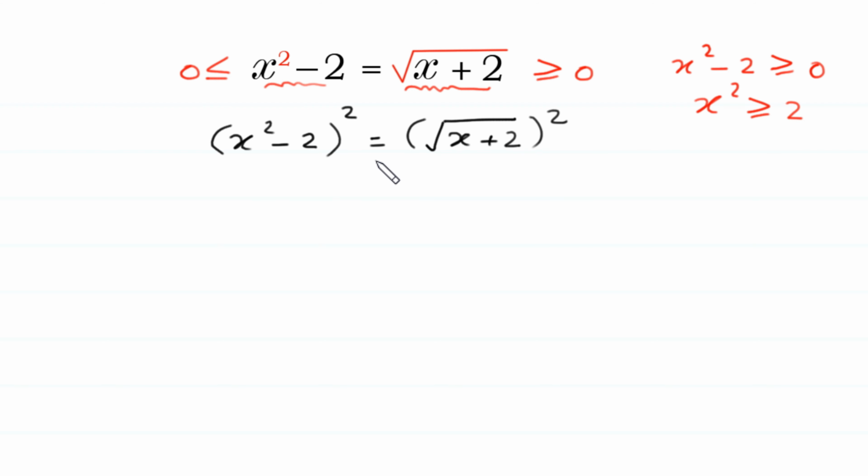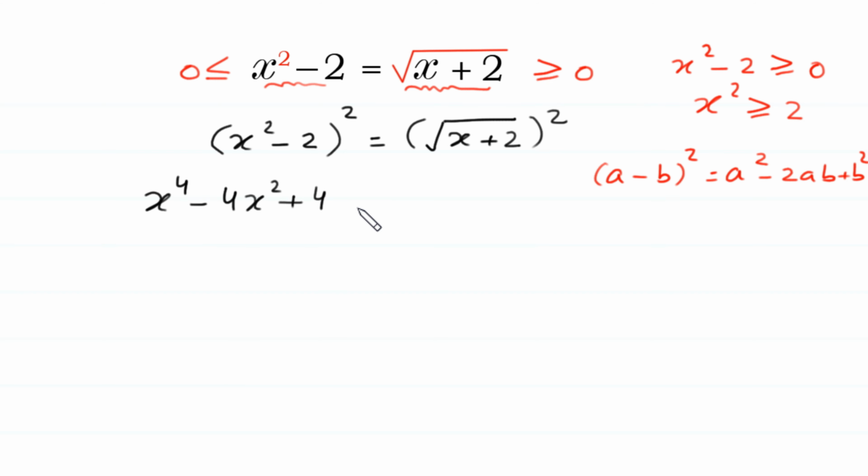Now according to the algebraic identity, (a - b)² is equal to a² - 2ab + b². This (x² - 2)² is equal to x⁴ - 4x² + 4, is equal to, the square cancels with the square root, and on the right side is left x + 2.